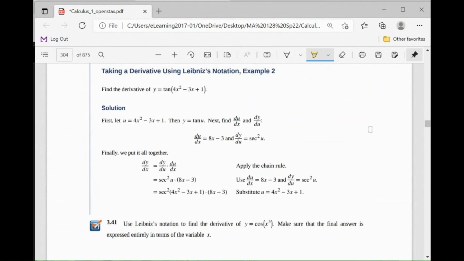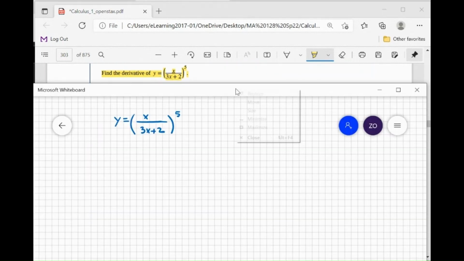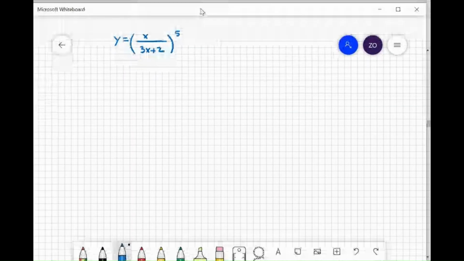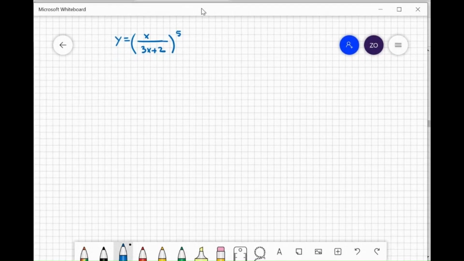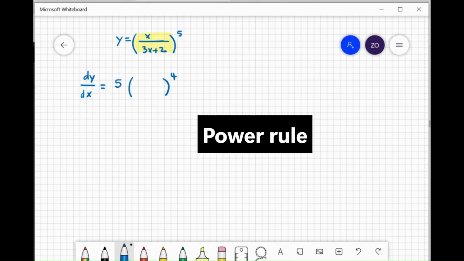But sometimes, let's look at this question. We would like to find the derivative of this function, y prime, or dy over dx. What you just need to identify is what is done last. So this whole thing is raised to the 5th power. When you take the derivative, first take it to the front and decrease the power by 1.